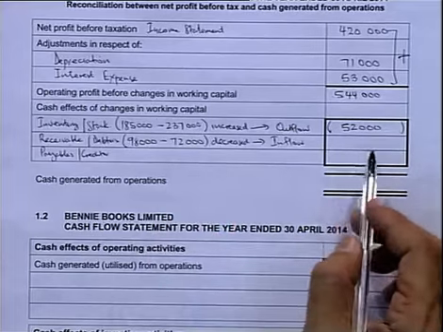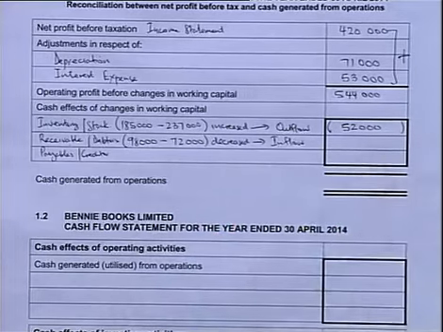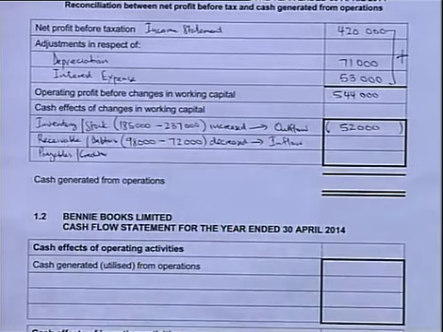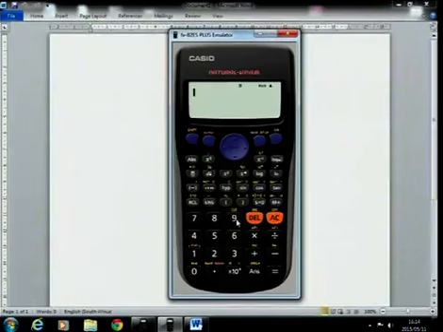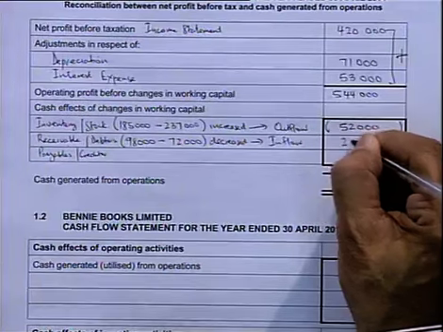And an inflow generally goes without brackets. So it's just the difference between 98,000 and 72,000. And that gives us 26,000.